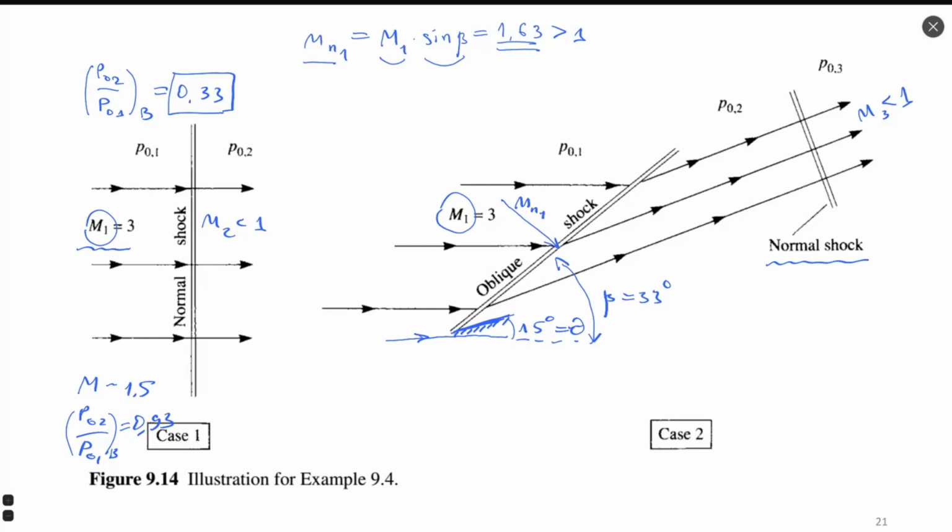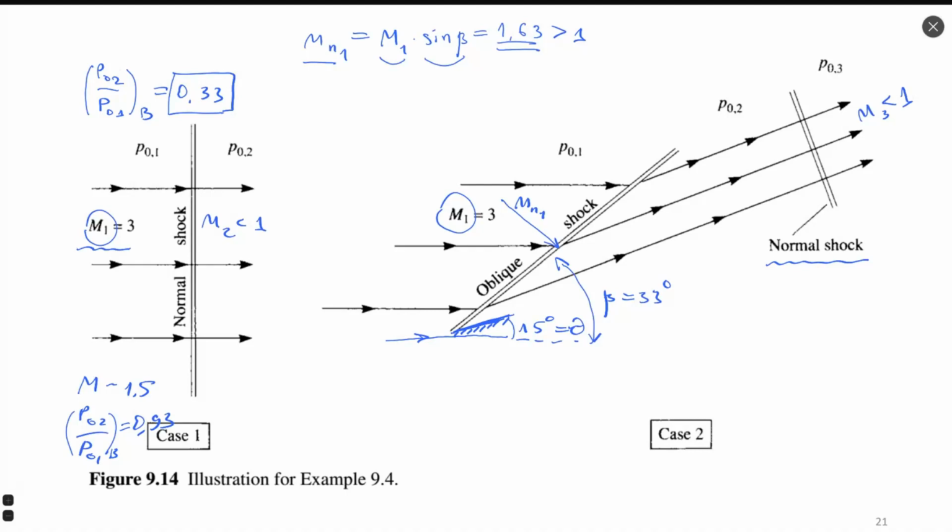Now I will use this Mn1 value in Appendix B. I will use the theory of normal shock wave, using Appendix B from the book. Let's see. It's page 1053. I will try to find 1.63. Oh, it's 1054. I will use an approximate value between 1.62 and 1.64.